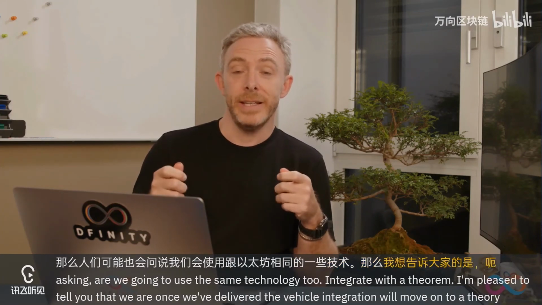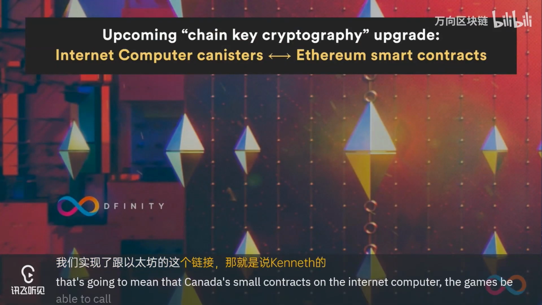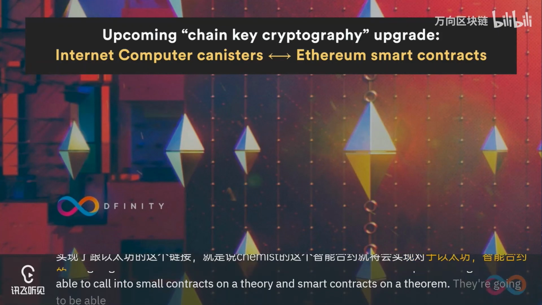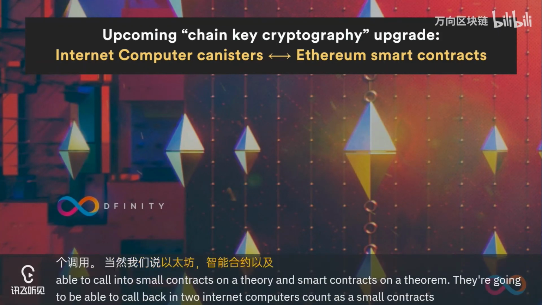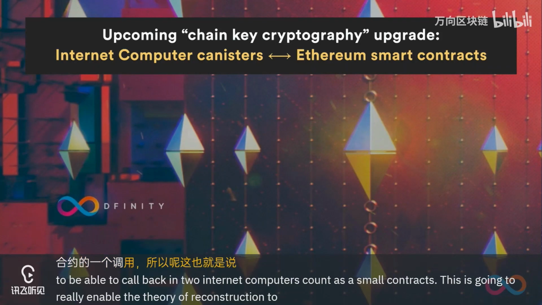That's going to mean that Canister smart contracts on the internet computer are going to be able to call into smart contracts on Ethereum, and smart contracts on Ethereum are going to be able to call back in to internet computer Canister smart contracts. This is going to really enable the Ethereum ecosystem to solve some of the problems that we talked about earlier.